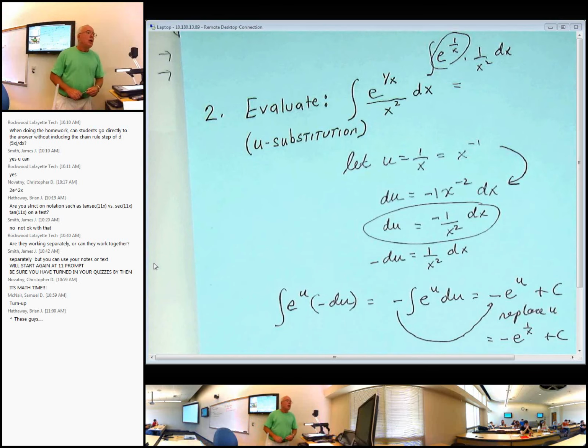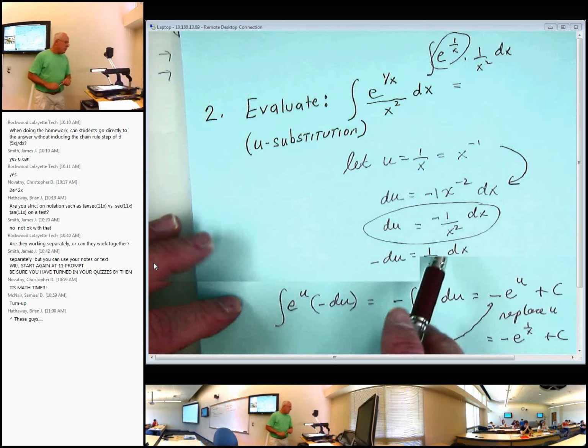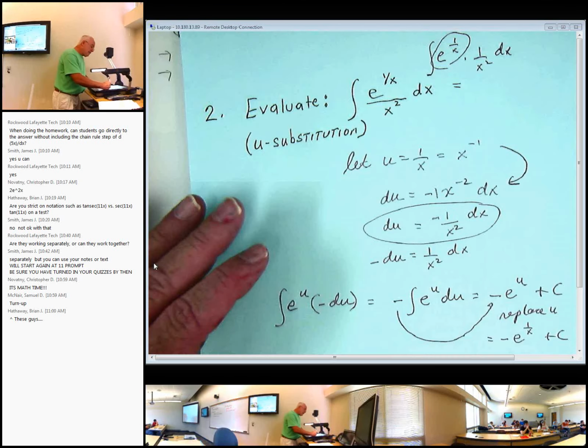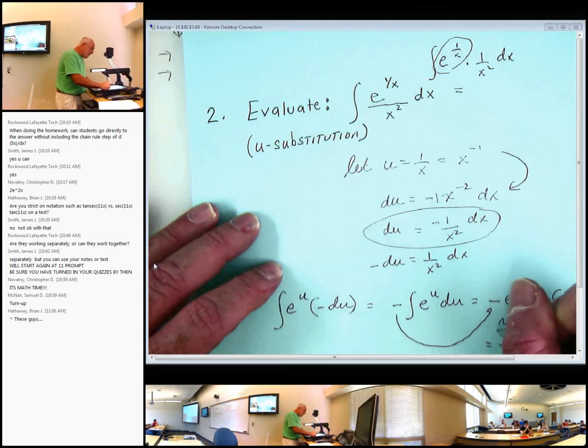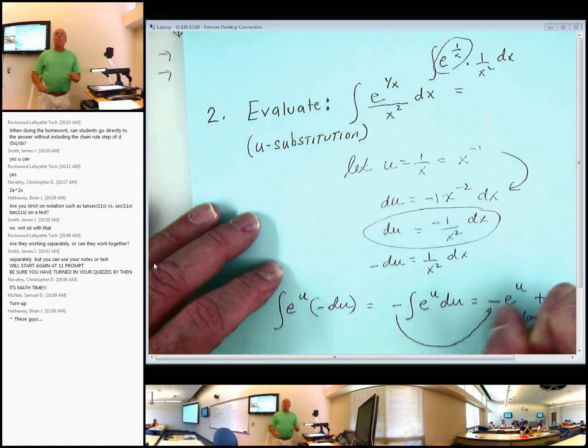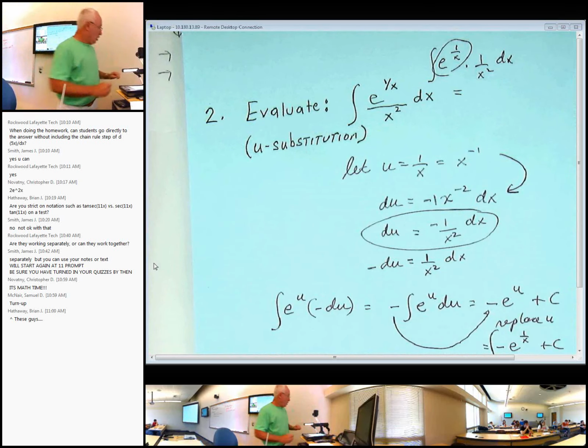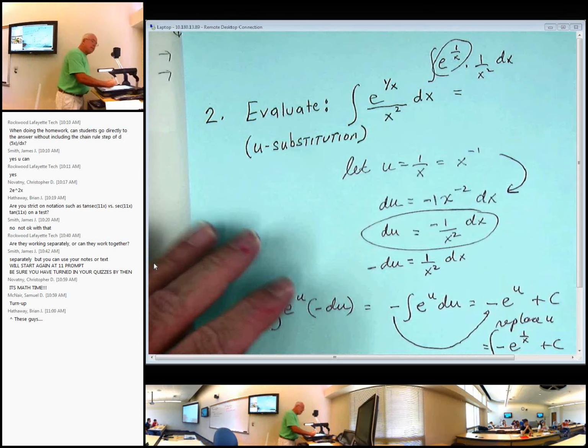Another thing I saw in a couple of papers, which is a common thing, is wanting to keep that integral sign to the bitter end. You don't do that. Once you have evaluated your antiderivative, you don't need that integral sign.